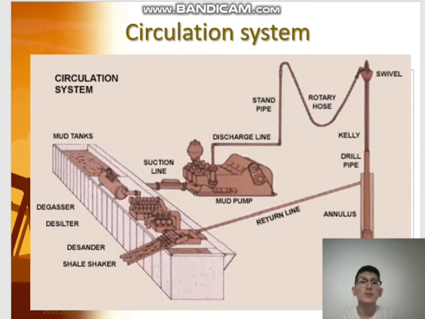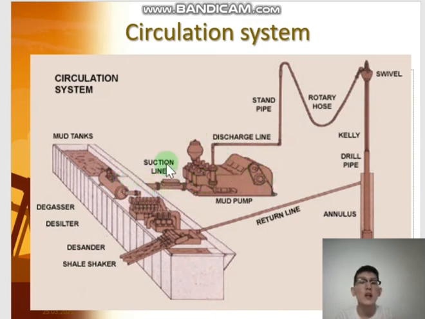Like that. Let's move to the circulating system. In the circulating system, we use a lot of equipment, and it starts from the mud tanks, in other words called pits. From the mud tanks it goes through the suction line to the mud pump.